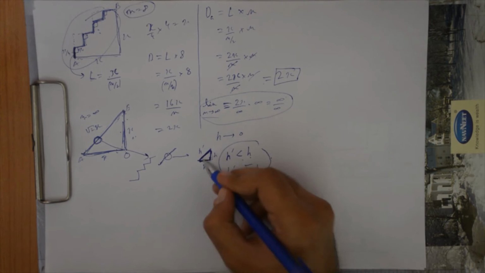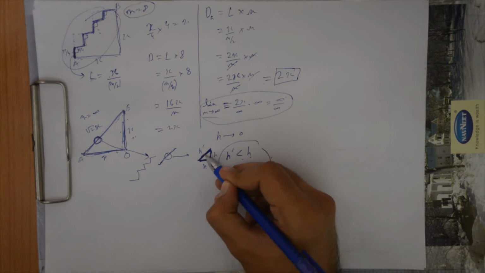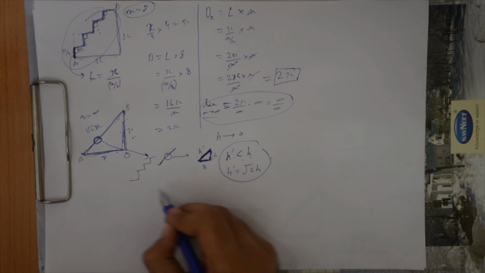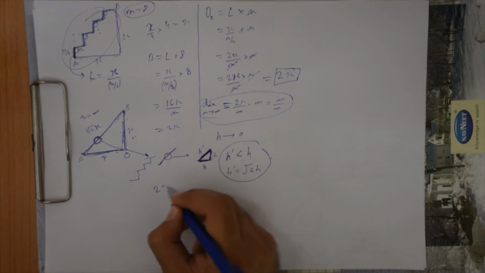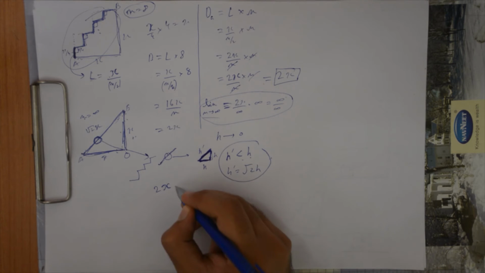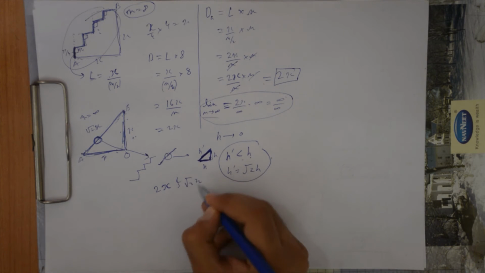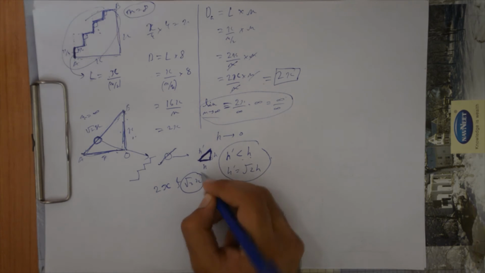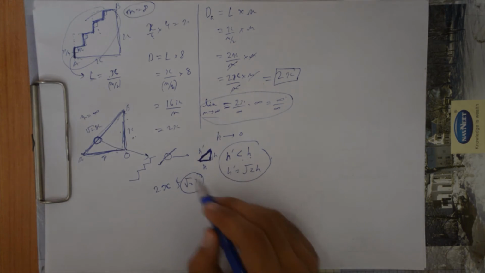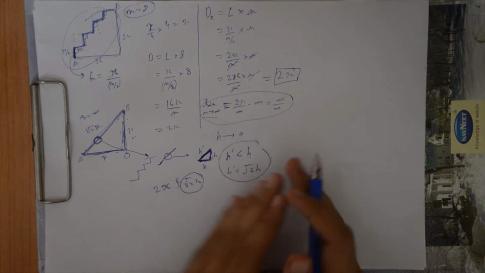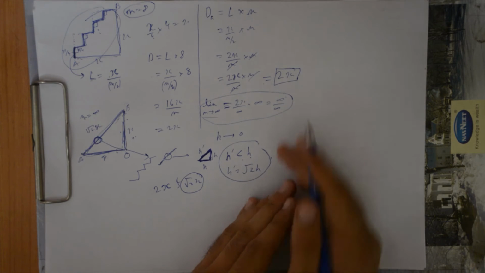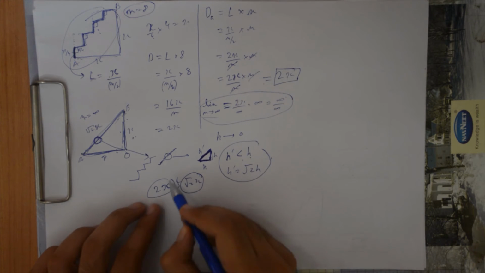This small h dash distance makes the difference between 2x and root 2x, which we calculated from the hypotenuse equation. This root 2x is coming from a different figure, and this 2x is of a different figure.